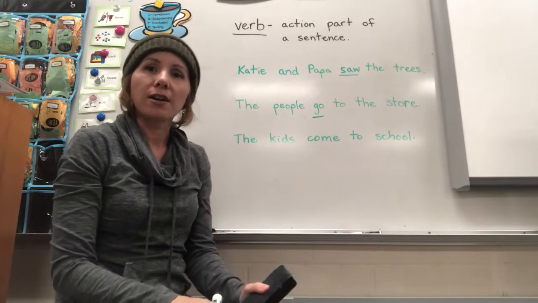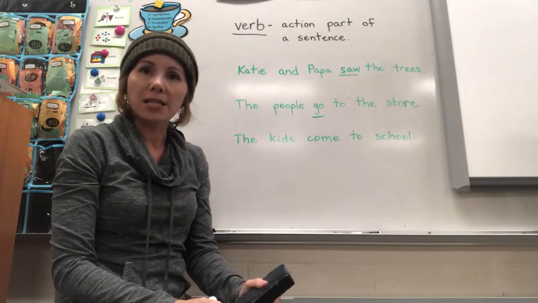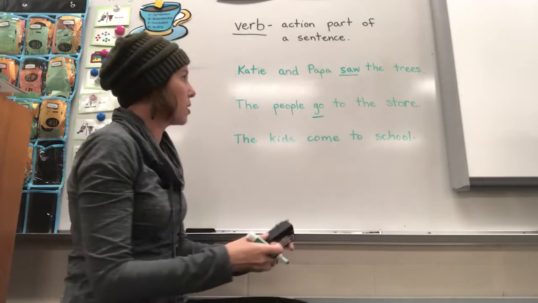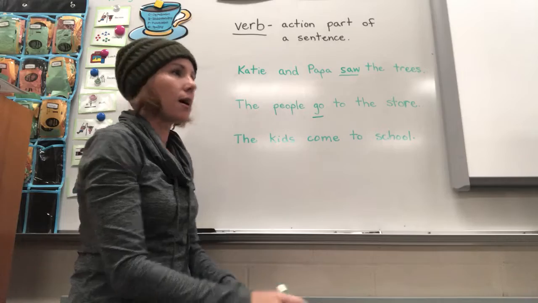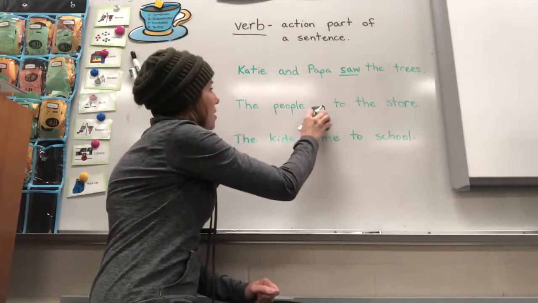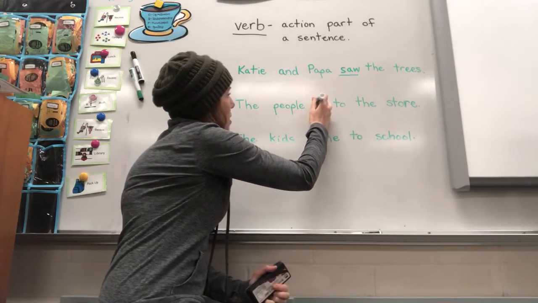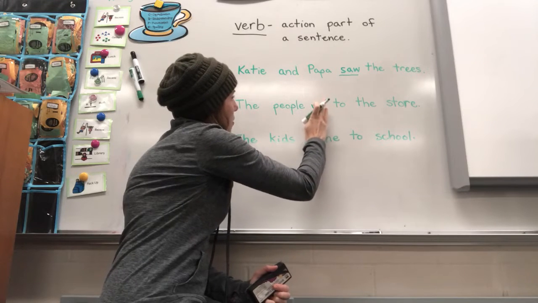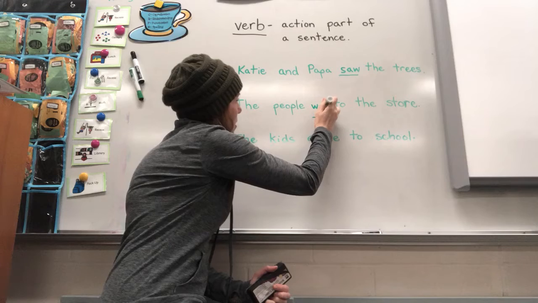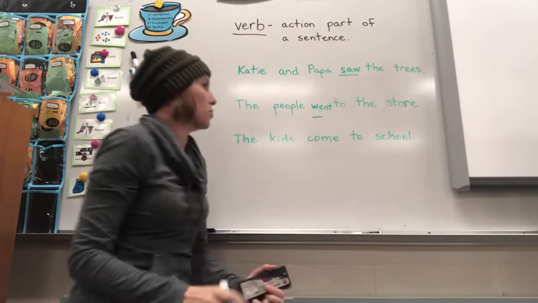But if it happened in the past, we would have to change that word go. Do you know what word we would change it to? How about went? The people went to the store. So now, oops, I wrote that kind of small. Now our verb happened in the past. They went to the store.